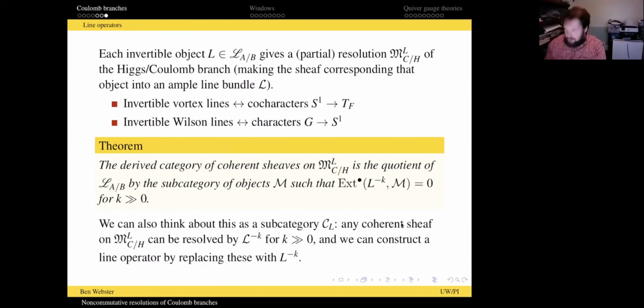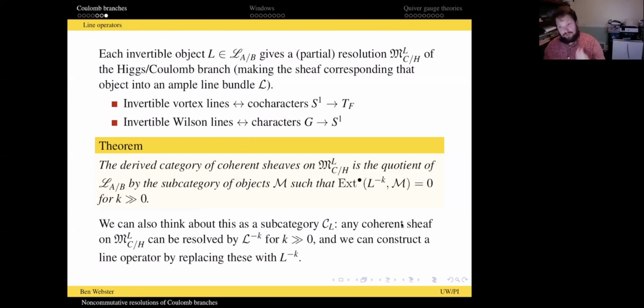And if you just follow through, if I write down the projective coordinate ring of something, then coherent sheaves on Proj of that are modules over the projective coordinate ring, modulo those that are zero at some large enough point. So when you follow this through, what you find is on this partial resolution, the derived category of coherent sheaves, well, every line operator gives me a coherent sheaf, but some of them will give me zero.